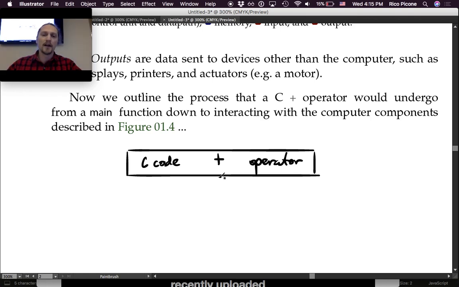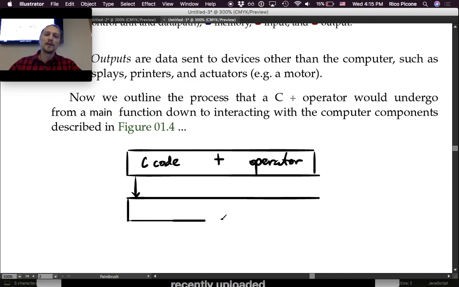We'll kind of try to draw what the figure is I was thinking about drawing. So this is going to go down, and it's going to get, first of all, compiled, right? So a compiler is going to compile this thing into, let's say it compiles it to assembly language. So compile, and you get assembly language.